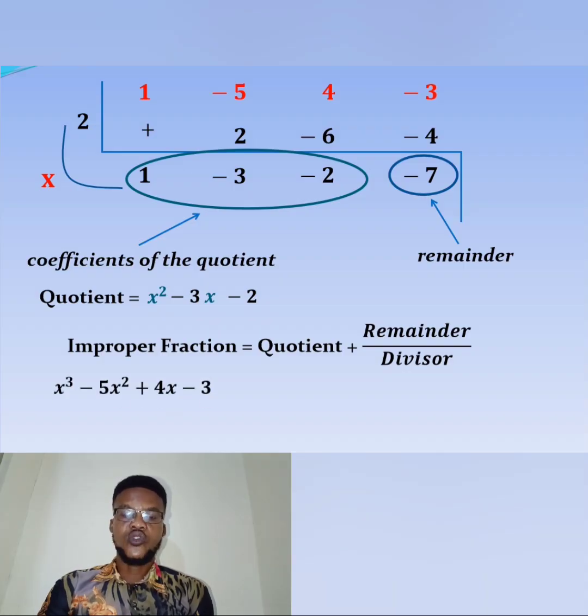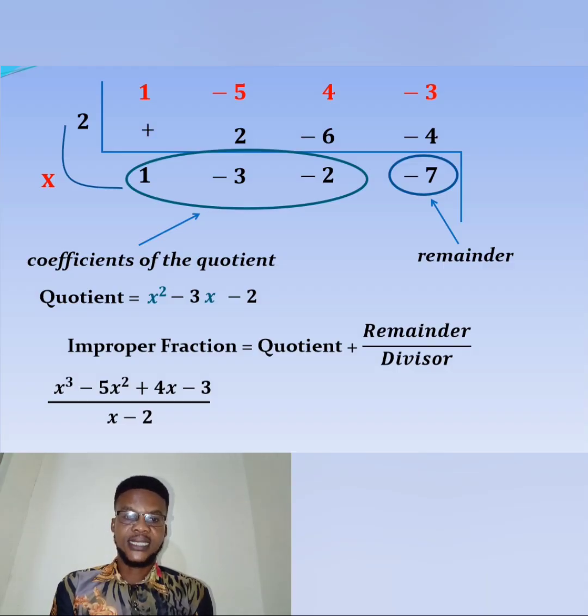So we use the dividend and the divisor to write the improper fraction. If that's the case, then what is our dividend? That is x cubed minus 5x squared plus 4x minus 3. That is our dividend, and we are going to divide it by the divisor, which is x minus 2.